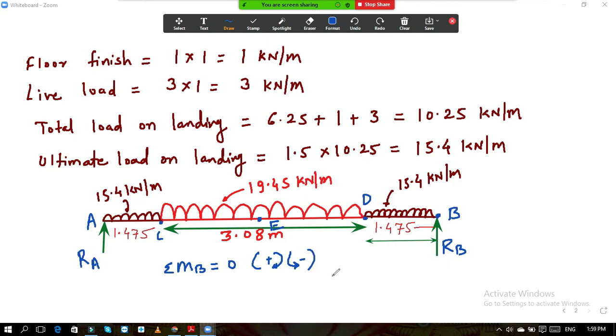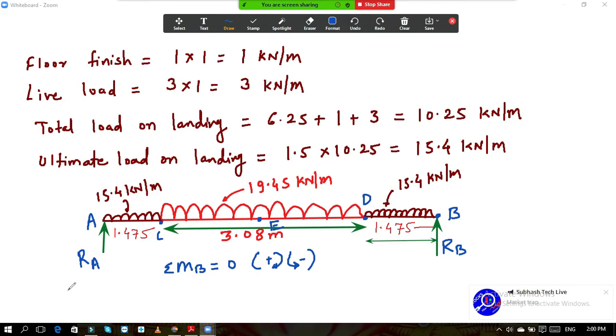Now it is very easy. First of all, RA into B. What is the distance of RA from point B? It is 1.475 plus 3.08 plus again 1.475. So the total distance is 6.03.